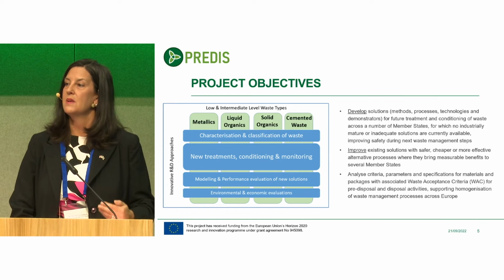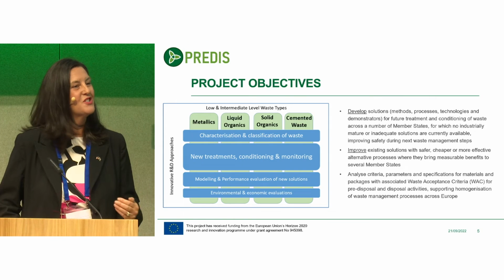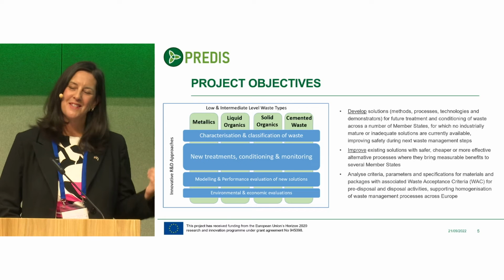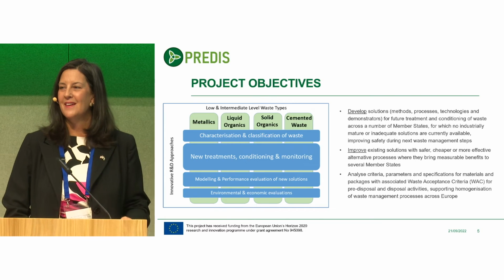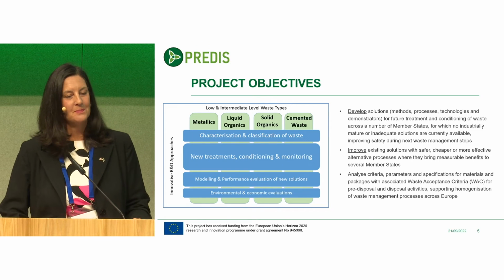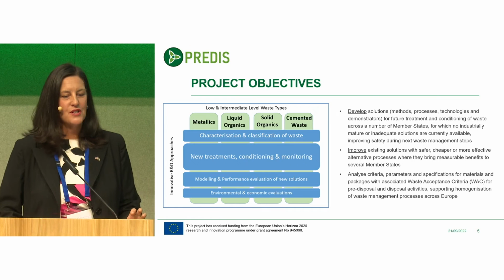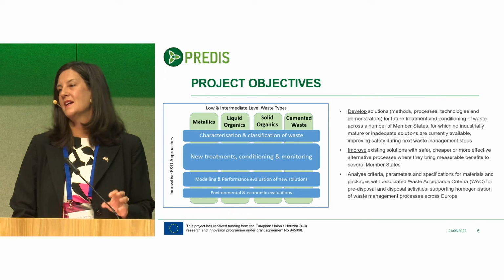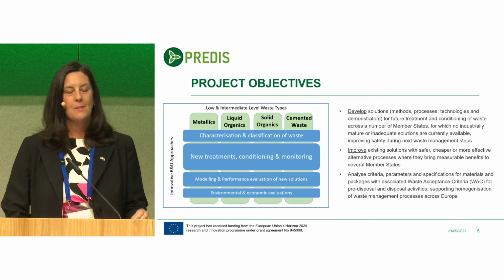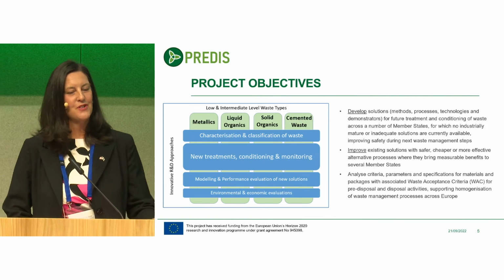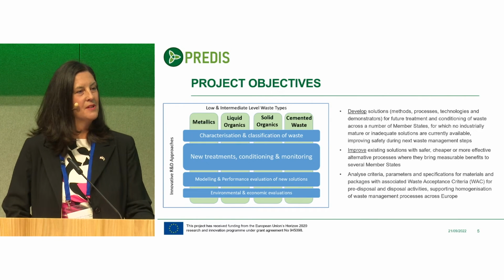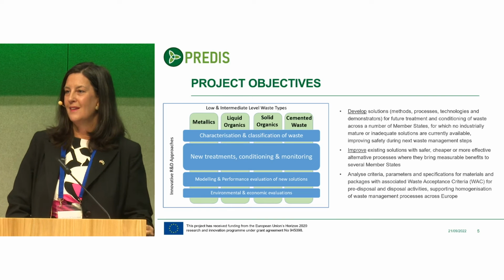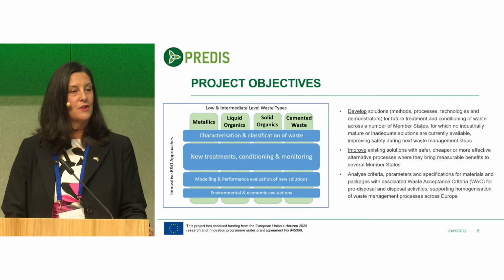So: aging management, monitoring systems, decision-making, digitalization. I think some of that will be touched on in one of my slides, but also covered by the next presentation. The majority of the project is really focused on treatment and conditioning, optimizing how you treat and condition. But to do that, you also have to characterize and classify your waste, and then model and understand how it's going to perform in the long term.